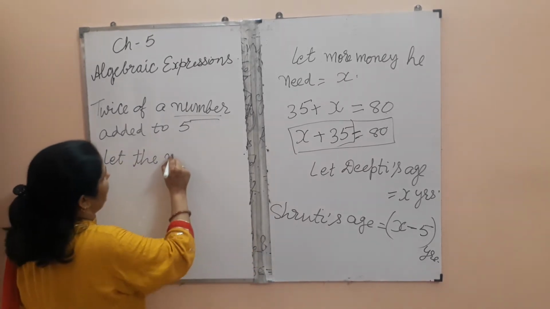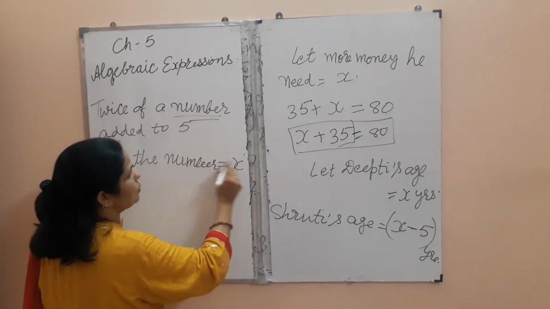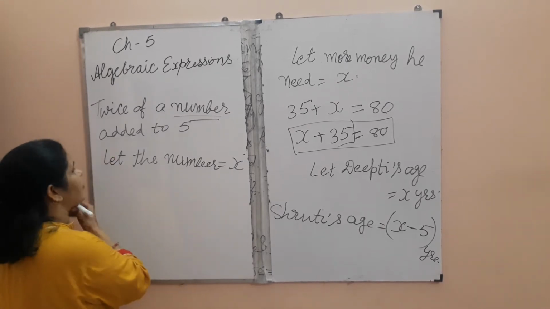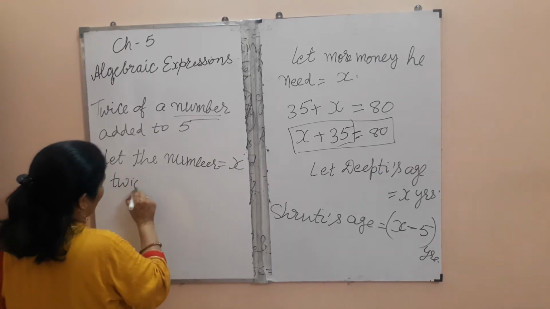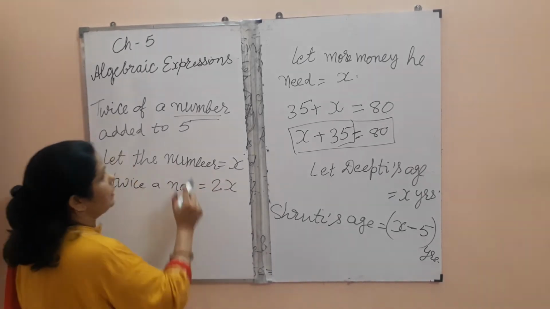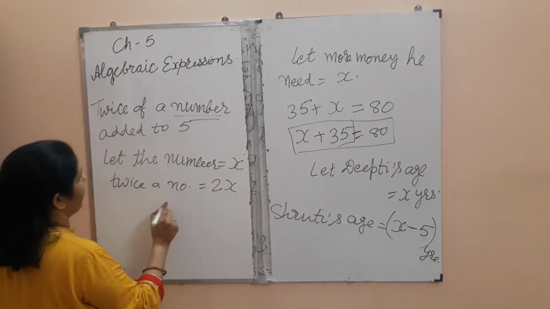Let the number be x. You can use any variable, a to z, any alphabet you can use. Now, twice a number is 2x. Twice means 2 times x, 2 times a number, then added 5.